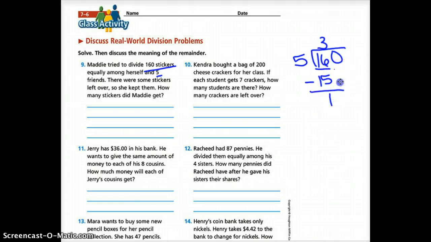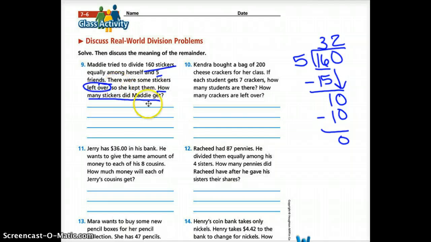Subtract, bring down, divide again. 10 divided by 5 is 2. 5 times 2 is 10, and I get 0. So each friend is going to get 32. But that's not what it's asking. The question says, how many did Maddie get? Maddie got those, plus she kept the leftover ones.